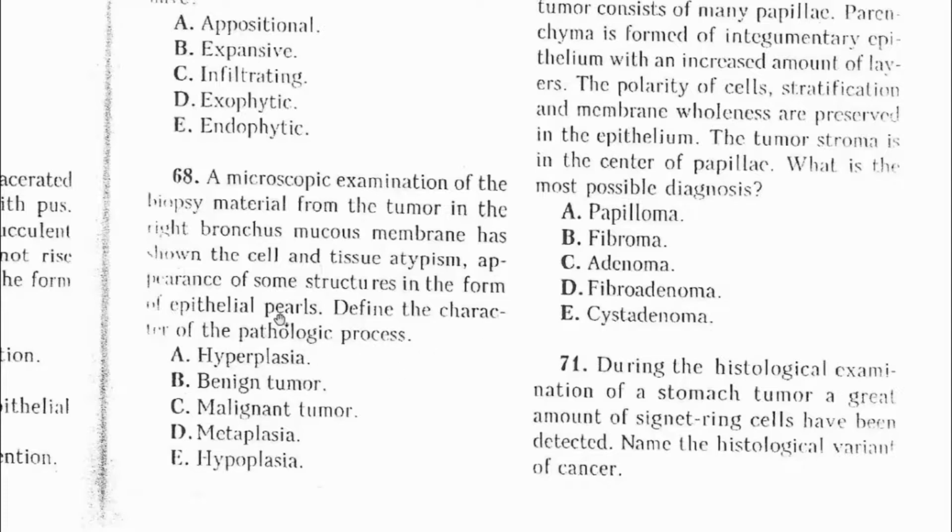Now your clue here is epithelial pearls. Epithelial pearls also means keratin pearls or keratinized structures formed in regions where abnormal squamous cells form concentric layers. These are sometimes seen with squamous cell carcinoma. Hence, the pathologic process is called malignant tumor. So your answer is malignant tumor, C.